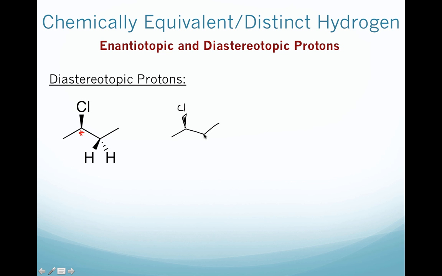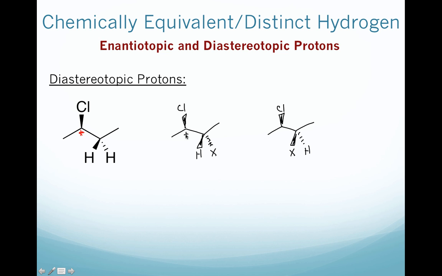Chlorine out, I'll do a hydrogen out, and now pointing back the X, and then I'll draw the second representation. I still have the chlorine out, but on this one I'll put the X pointed out and the hydrogen back.